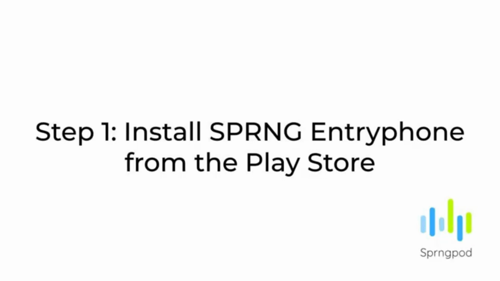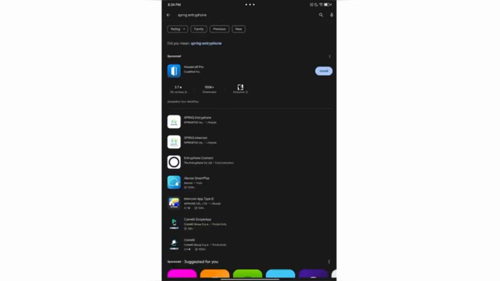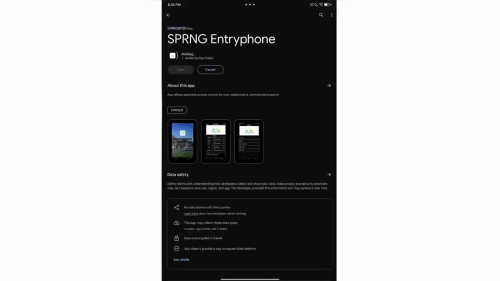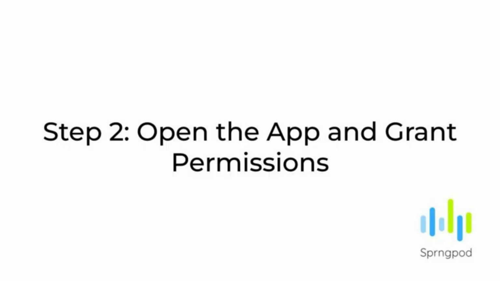Step 1. Install SPRNG Entryphone from the Play Store. Step 2.